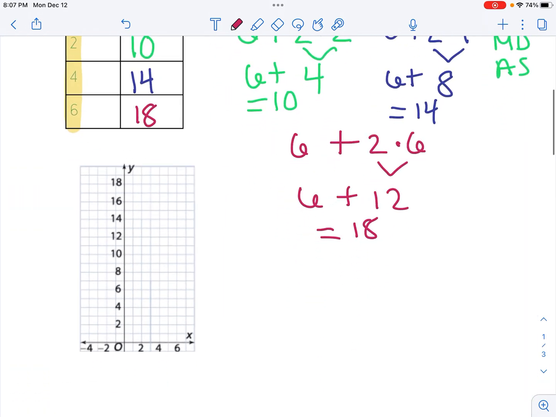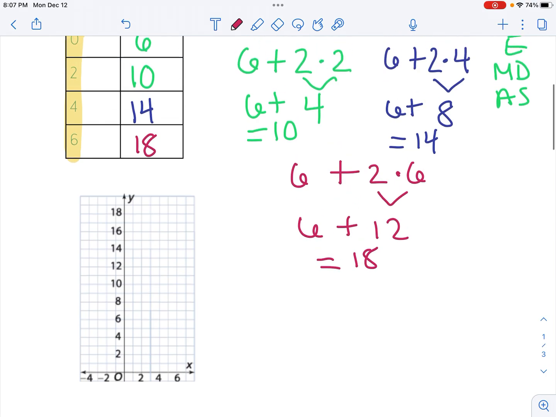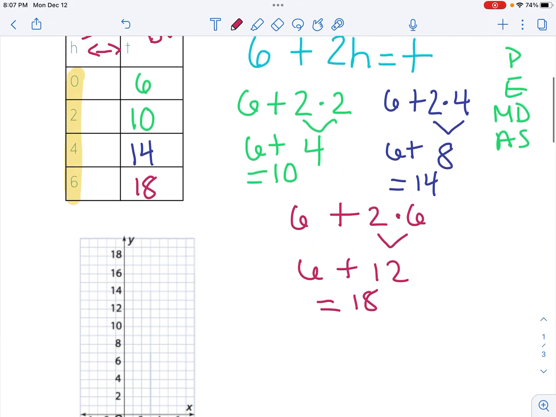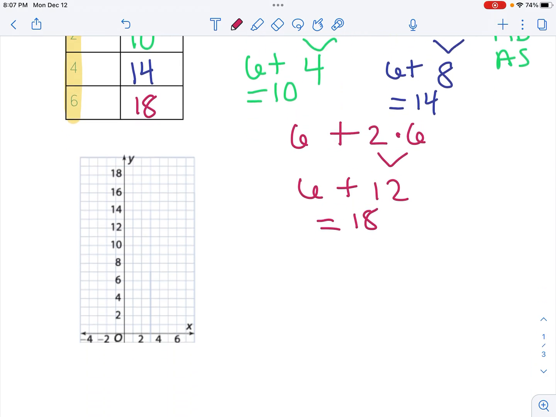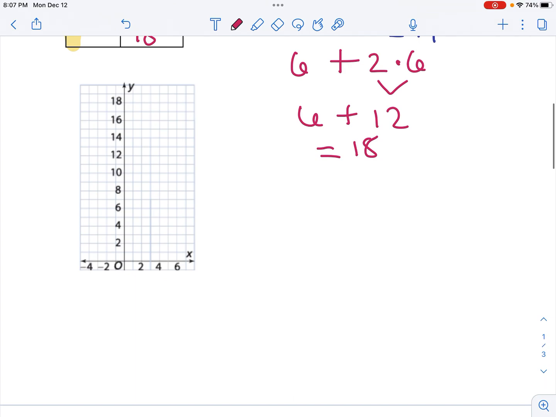So the next part of this lesson is going to actually be plotting these points on a graph so that I can see the relationship between my independent and dependent variable. Now, with graphing, we always want to run before we jump.